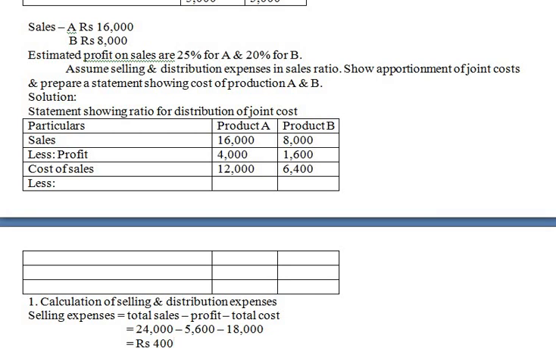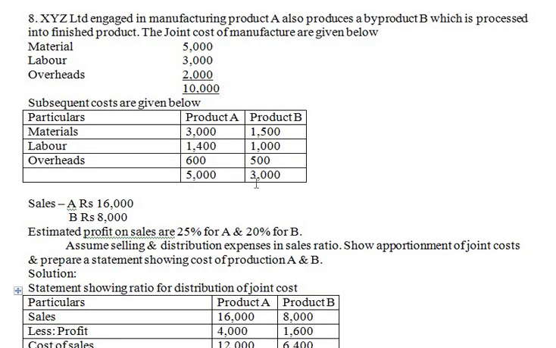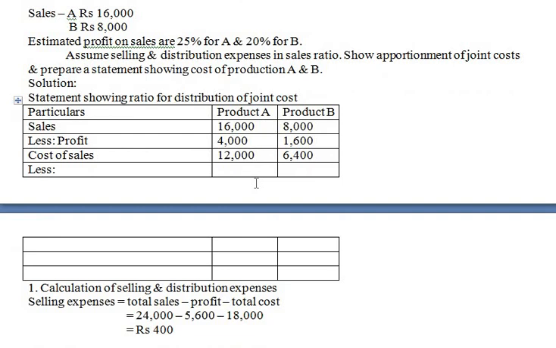400 rupees. Now 400 will be distributed in the sales ratio they have given. Now what is the sales ratio? 16,000 is to 8,000. So the ratio will be 2 is to 1. Hope everybody has understood how we have calculated the ratio. So this 400 will be distributed to product A and B in the sales ratio.